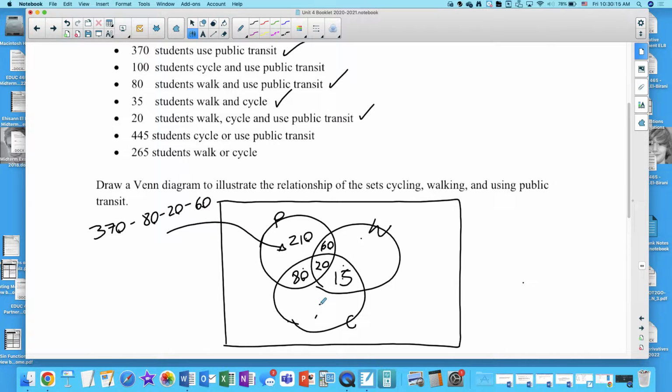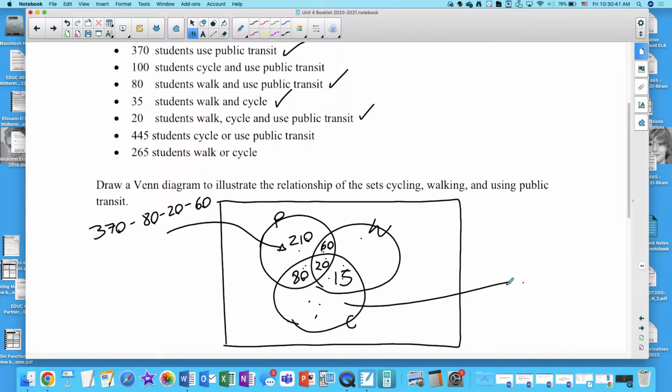Yeah? Could you find out how many cycle? Yeah. So we can use this clue. If you look at 445 students cycle or use public transit, that's these 2 subsets here. And again, these 2 are divided into 1, 2, 3, 4, 5, 6 regions. How many of the 6 regions do I know, though? 5 out of 6, yeah. So I can use this clue, the 445 students, to figure out this guy.